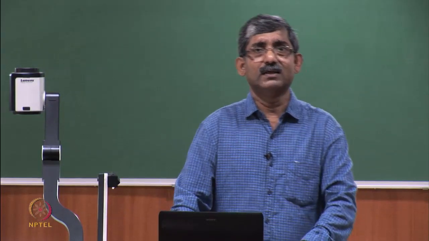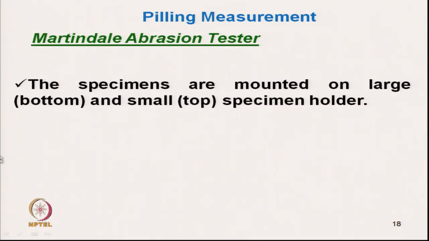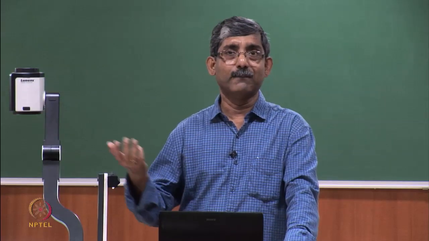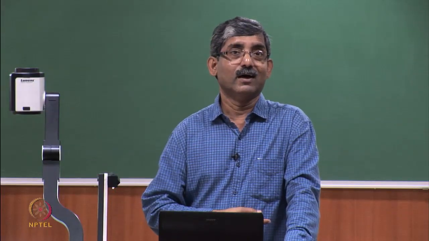Another method is the Martindale abrasion tester, where the specimens are mounted on a large bottom and a small top specimen holder. Normally in the Martindale abrasion tester we use a standard abradant surface at the bottom.